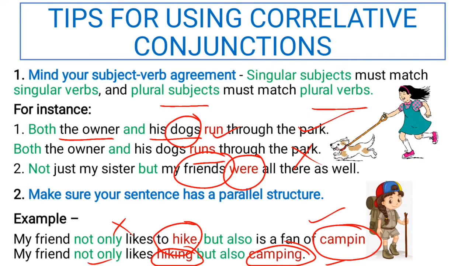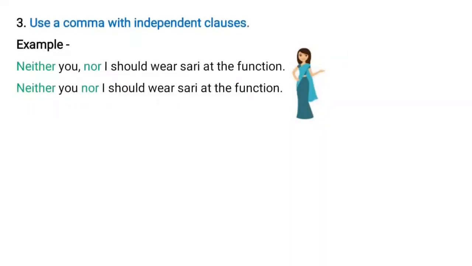Now let's talk about the third rule, which says that only use a comma when your correlative conjunction separates two independent clauses, and avoid using it to separate the correlative conjunctions themselves. And this will be clear with these two examples. Neither you, nor I should wear sari at the function.